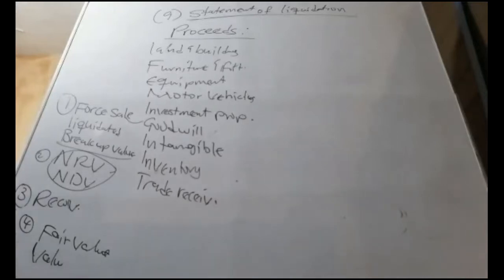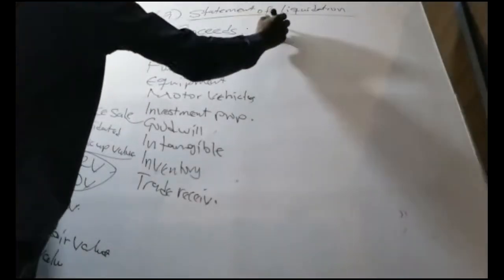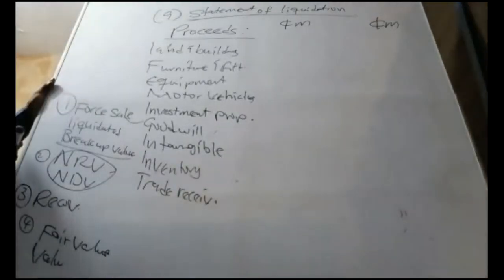So let's now see. You have 2 currencies. One will be here. Don't forget that you're reporting in millions. Another currency will also be here. It's also in millions. Good.